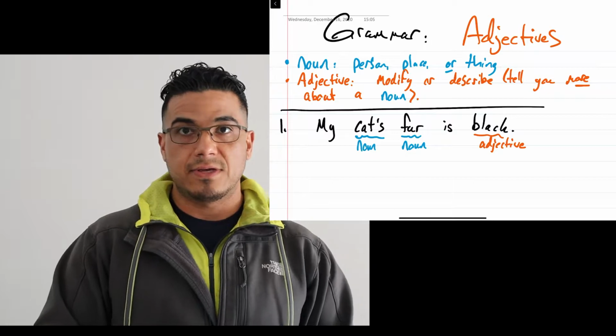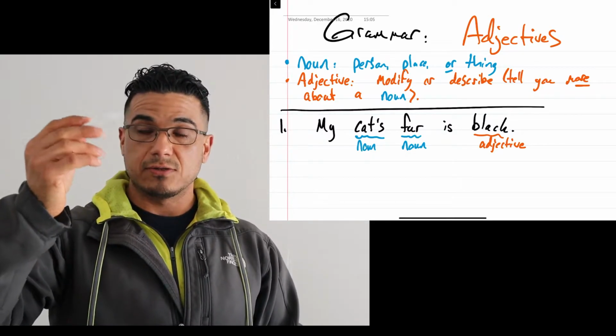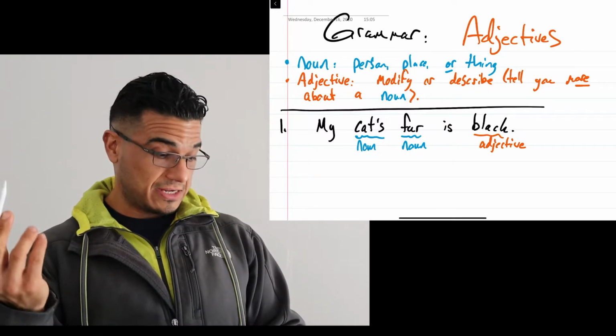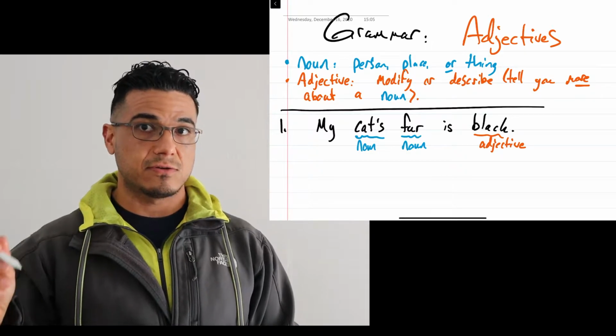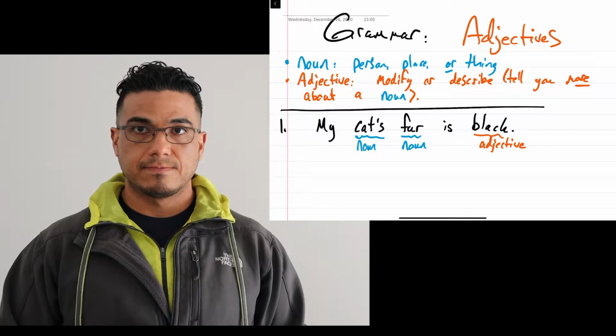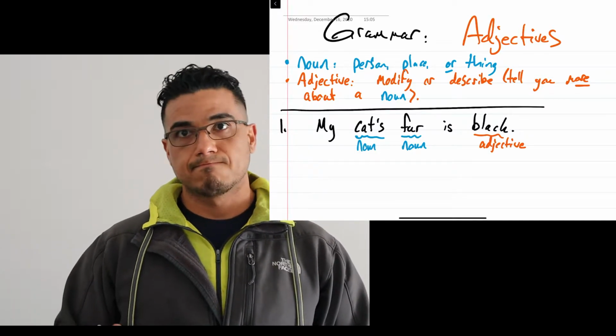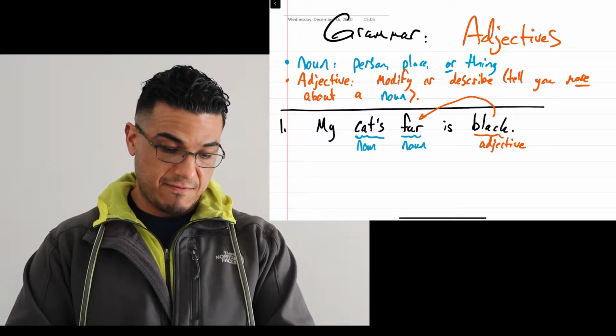The question now is, if I were to draw an arrow to show from the adjective black and point it directly to the noun it's describing, which noun would you pick? I'll give you a second. Hopefully, you selected fur.